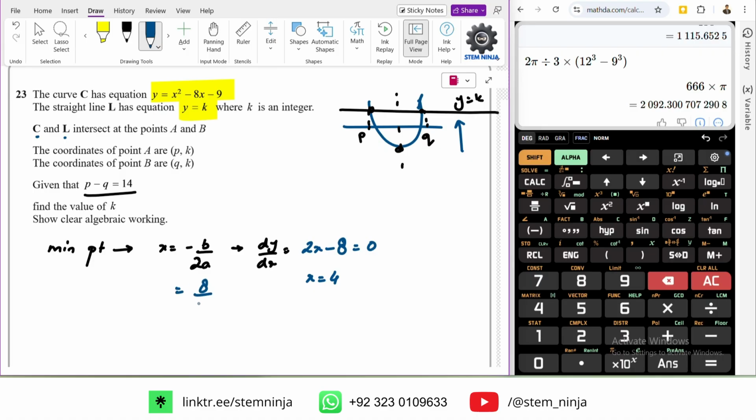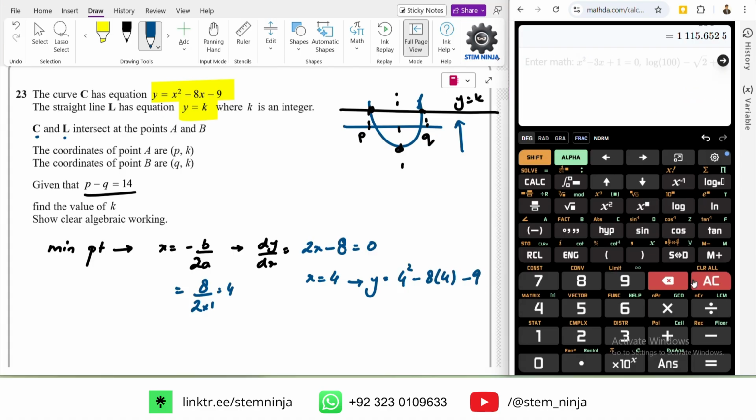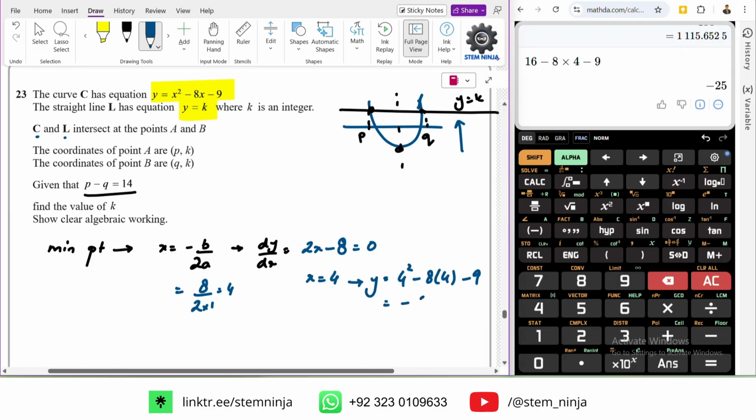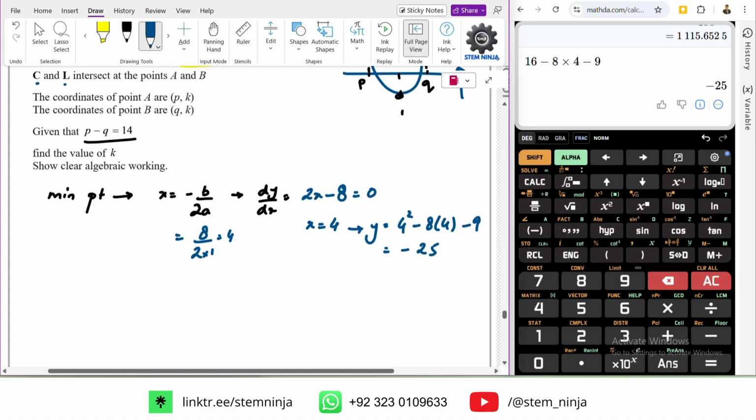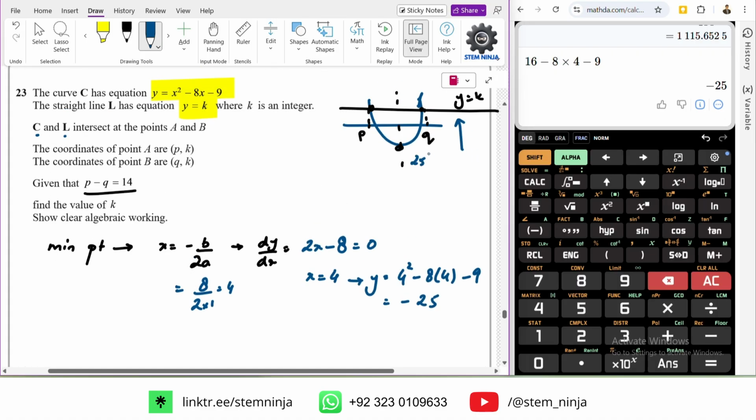This would be 8 over 2 times 1, which is also equal to 4. So x is equal to 4. That means your y should be equal to 4 squared minus 8 times 4 minus 9, so 16 minus 32 minus 9, minus 25. This is where the p and q difference is 0.